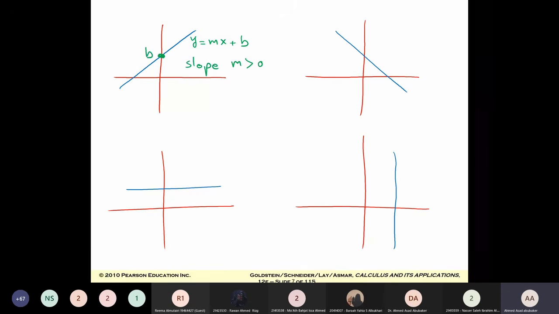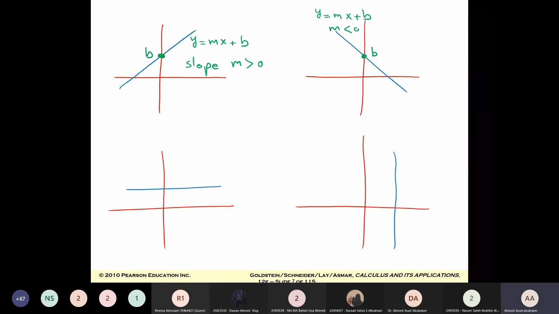The slope is positive, greater than 0, because the line is increasing from left to right. If we have a line decreasing from left to right, the equation is y equals mx plus b, but m is less than 0, and this is the y-intercept b.